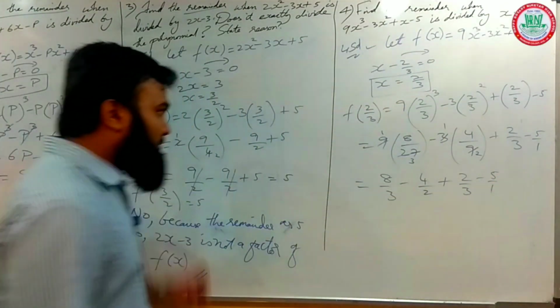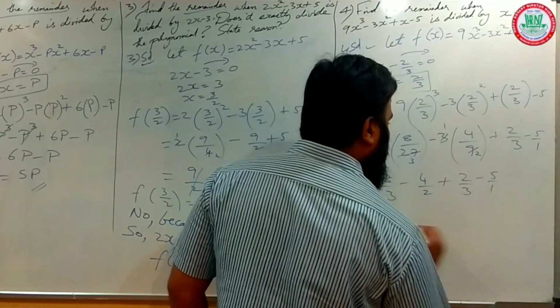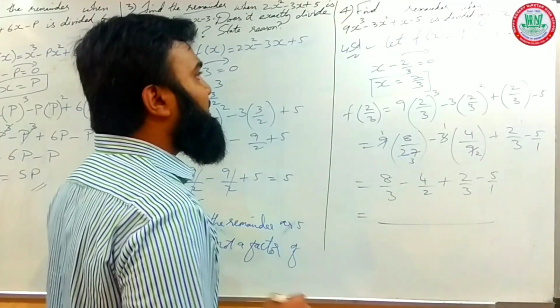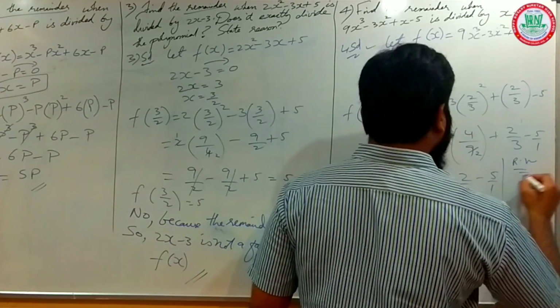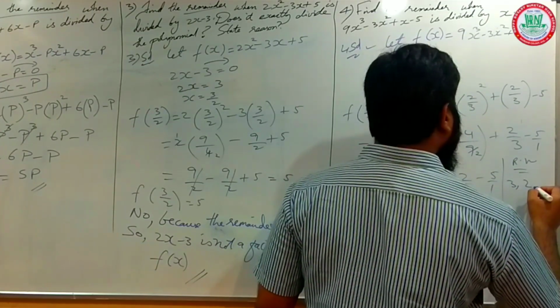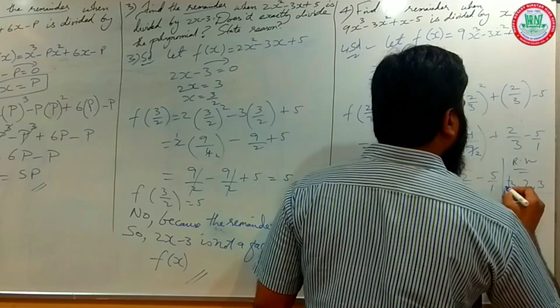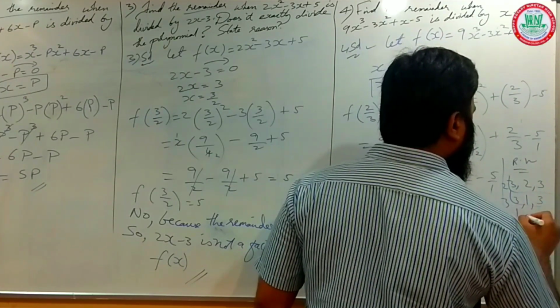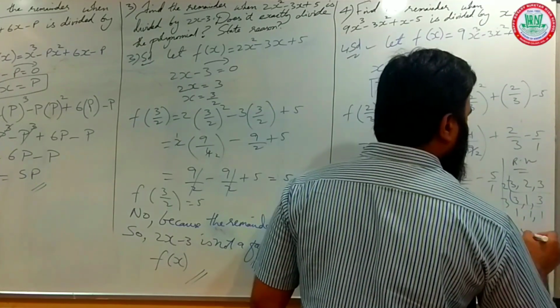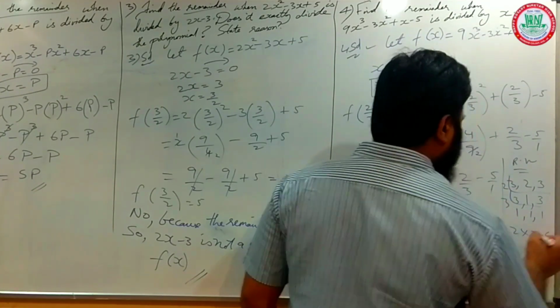Now we take the LCM, which we do in rough work: 3, 2, 3. The LCM is 2 × 3 = 6.